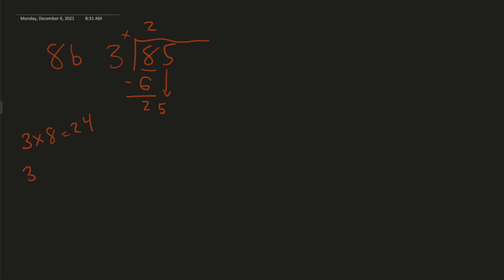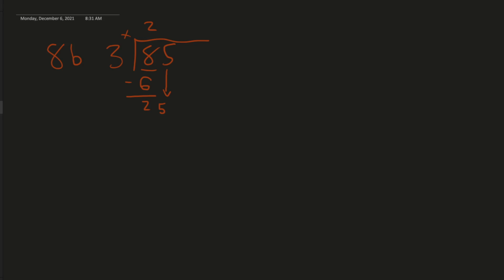We know that 3 times 9 is going to be equal to 27. Too big, not good. 3 times 7 is equal to 21, and we would be left over with too much. We'd be left over with 4 in that case. So this is too small. It's not as close as we can get. If we're not as close as we can get, it's not good enough.